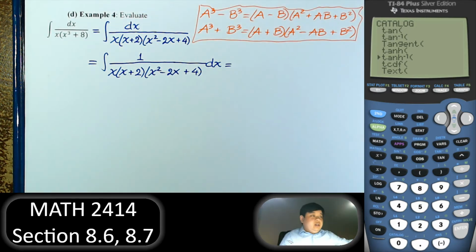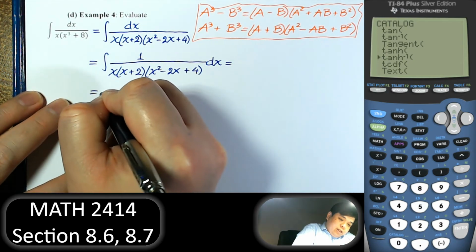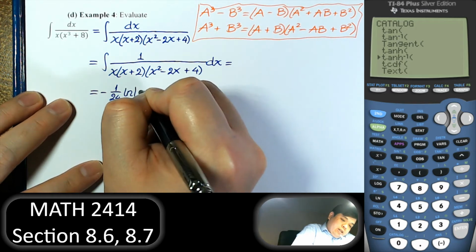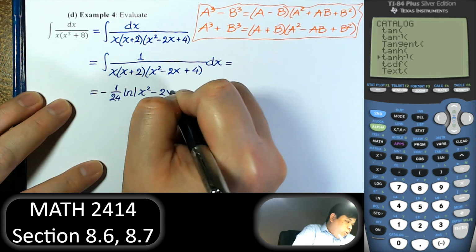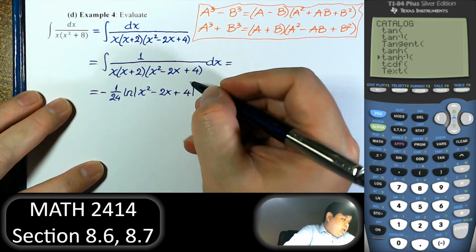And if you do this, actually I put it in the computer software, in Maple, and this is what I have. Negative 1 over 24 ln of x squared minus 2x plus 4. Actually this one is positive, so I just need the parentheses.